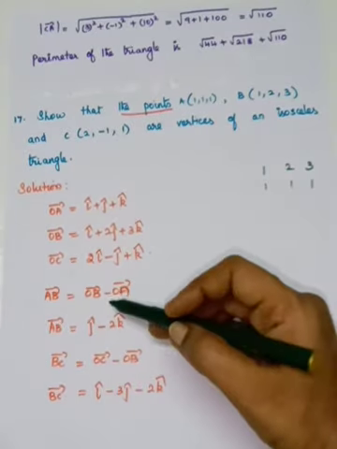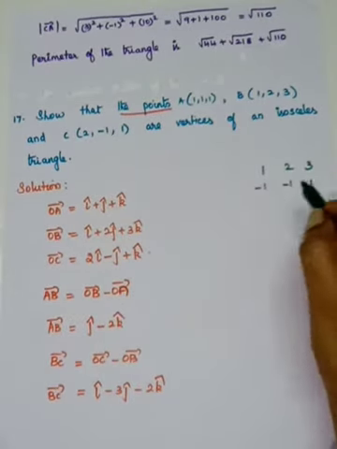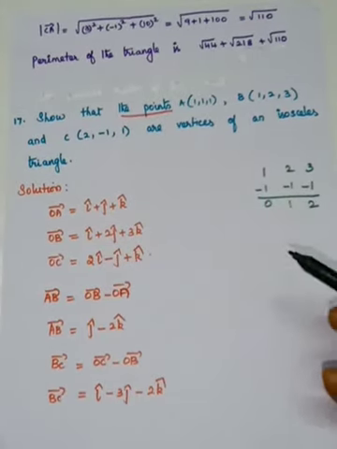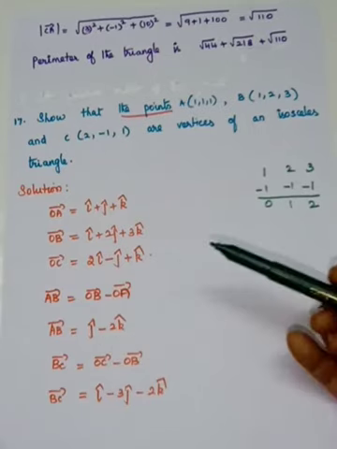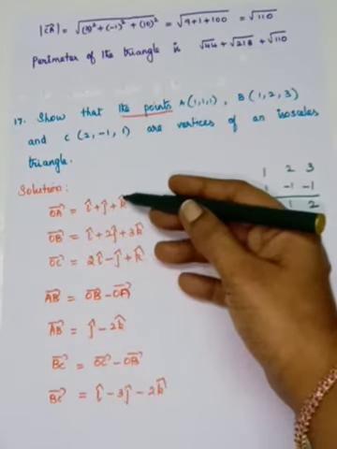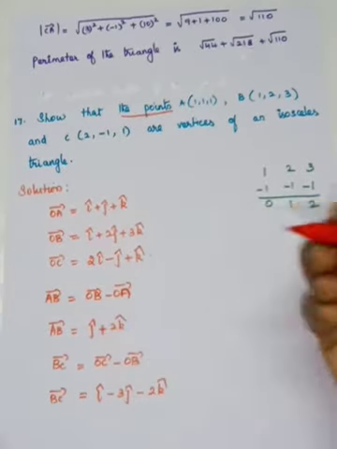In between you have subtraction, so you have to change the sign of the second vector. So minus, minus. When you add these, it is 0, 1, 2. So the answer is j cap, and here you will have plus 2k cap. AB vector is j cap plus 2k cap.